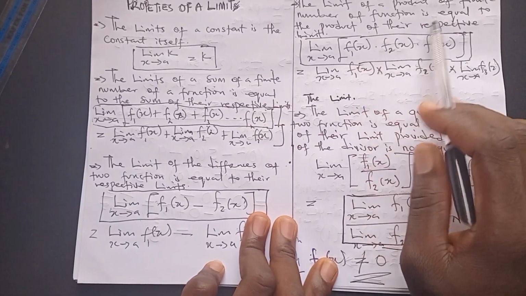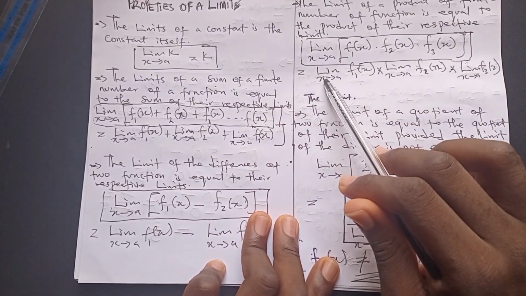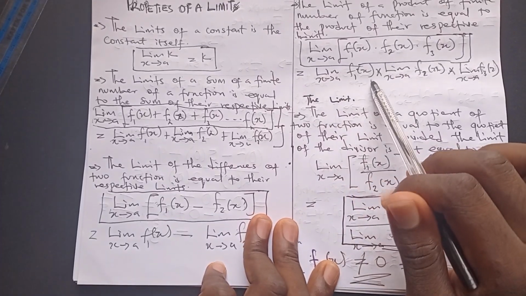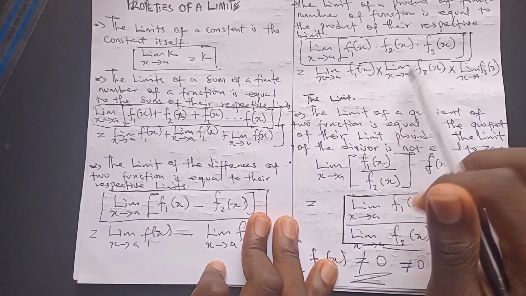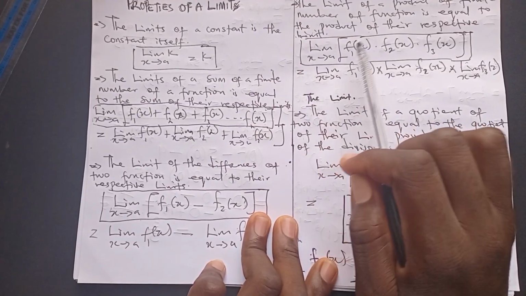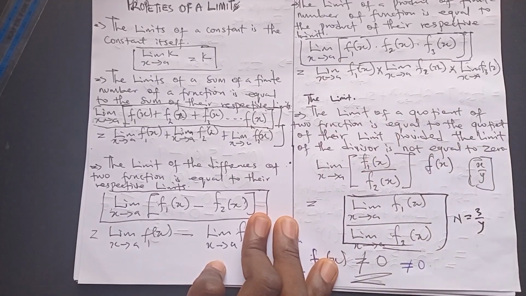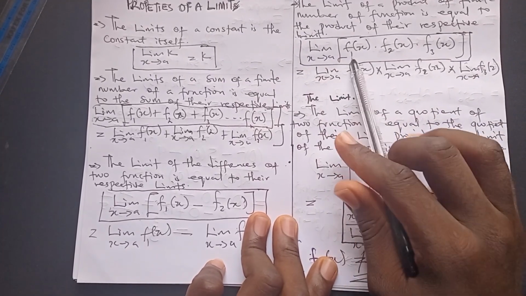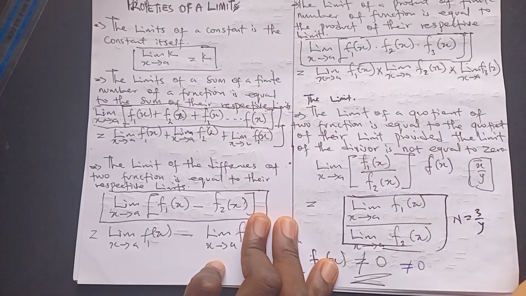Remember, it is equal to the product of their respective limits. So this is the limit when x tends to a, f1 of x times the limit when x tends to a, f2 of x times the limit of f3 of x, just as if you take the limit of each term inside the expression.